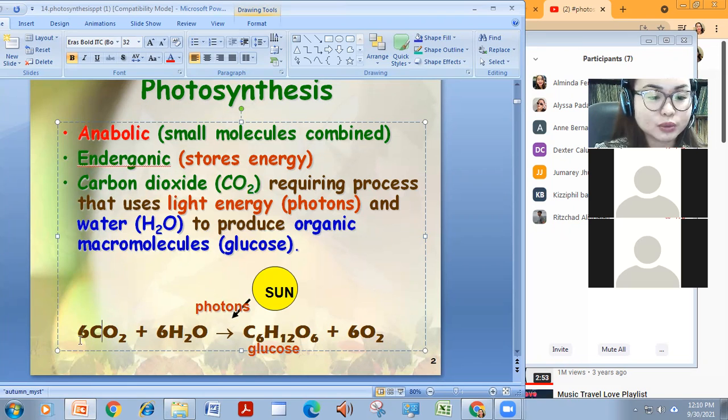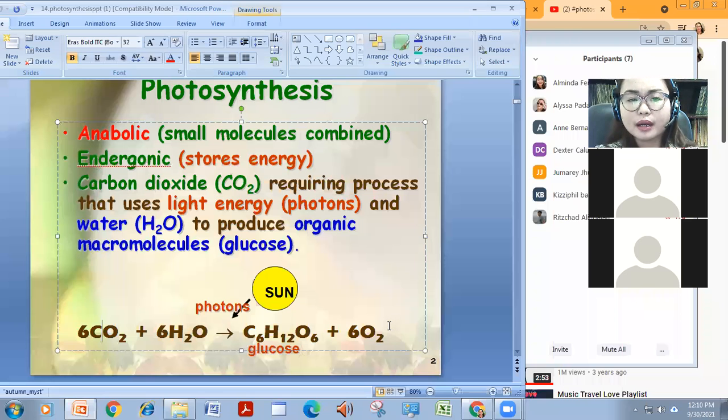Kasi you need to balance the number of atoms on each side of the equation in chemistry, diba? So we have 6 carbon dioxide plus 6 water. Then that is with the help of the photons or energy from the sun, and also using chlorophyll, no? Kasi yung chlorophyll nag-absorb to make glucose, or known as C6H12O6, and release 6 oxygen.